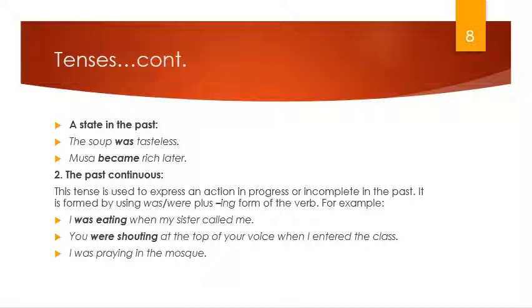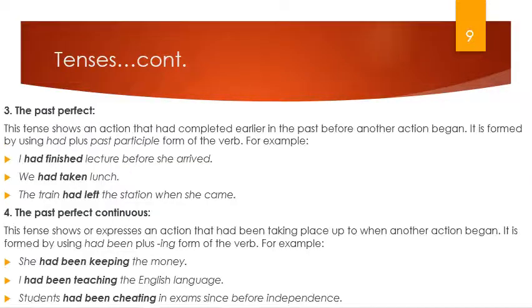When we say plus ing form to the verb, that is by adding ing to the verb of that particular sentence. For example, I was eating when my sister called me. You were shouting at the top of your voice when I entered the classroom.